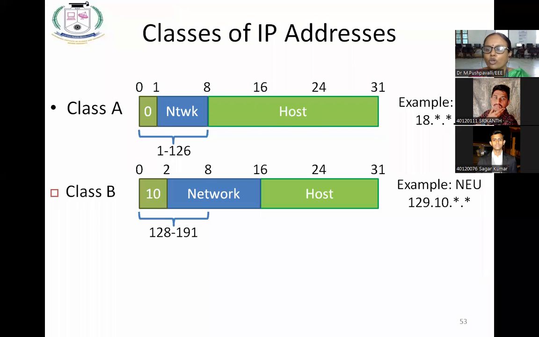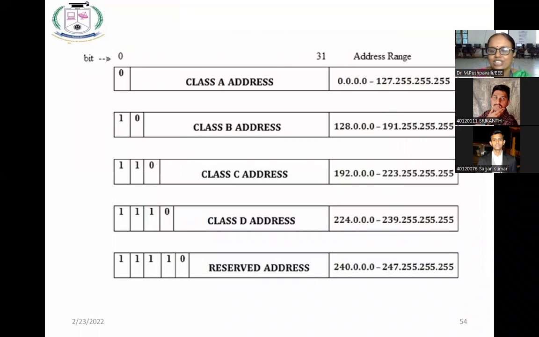That's why they have told you the numbers 1 to 126. How many bits we are allocating, we were seeing. So when you see this much address range, this much address range, and only this much address range. Here I can vary from 0 to 255 addresses, but here 128 to 191.